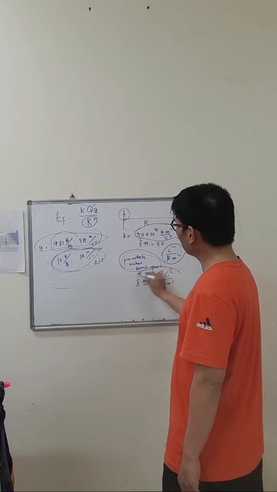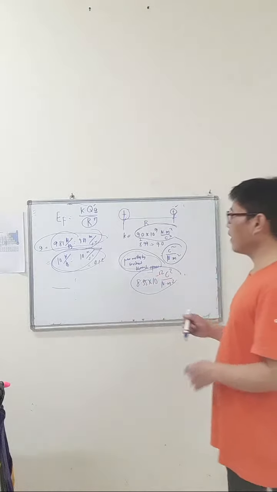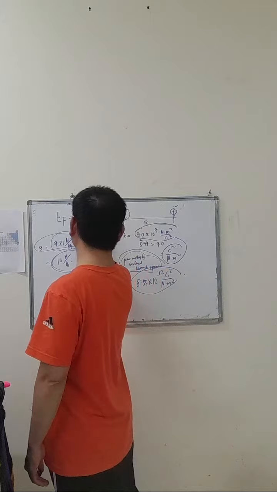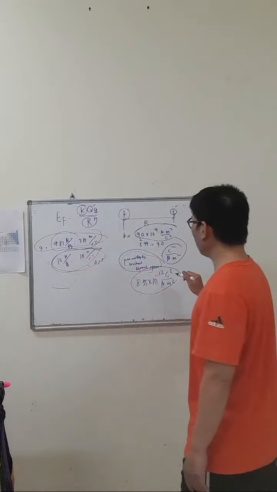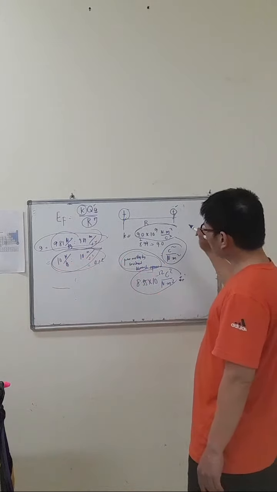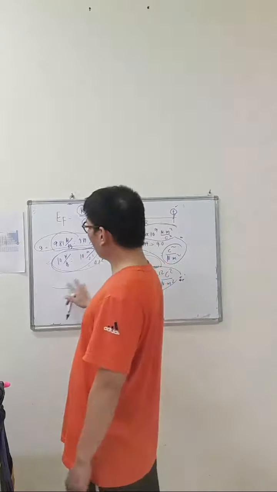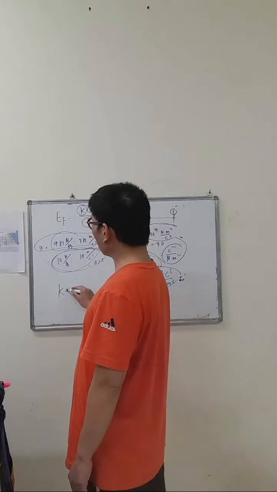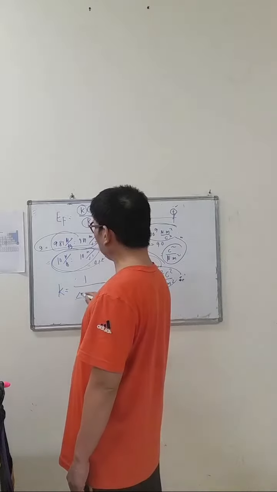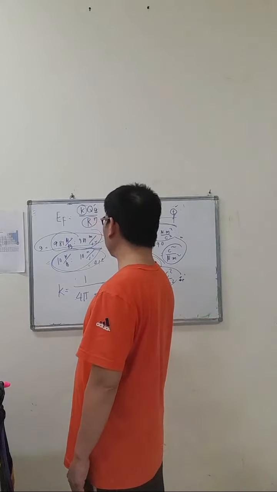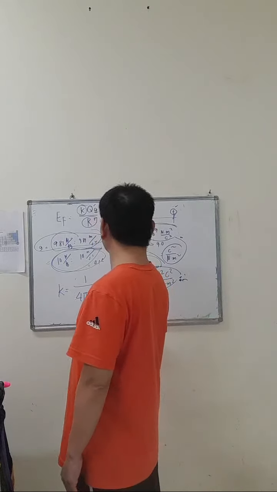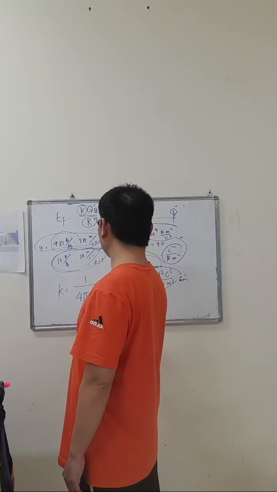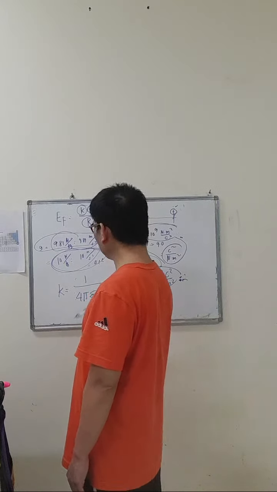Now, if I have the K here, why did we not use this K? Because we need this one, and we can also derive the formula of K. So K is equal to 1 over 4 pi times the permittivity constant through space, and the symbol is epsilon.